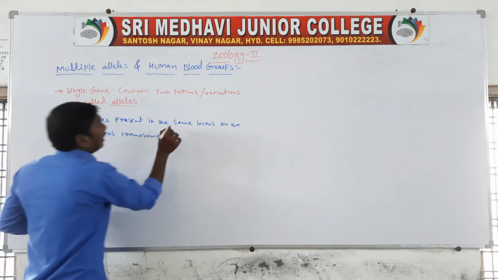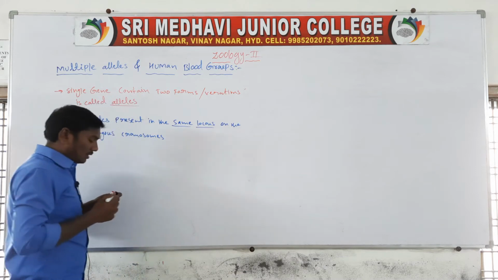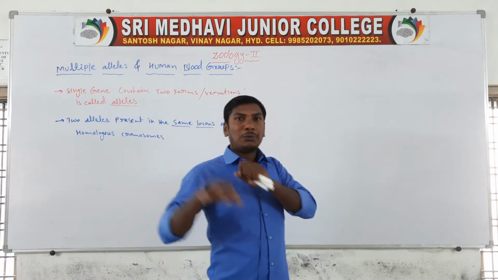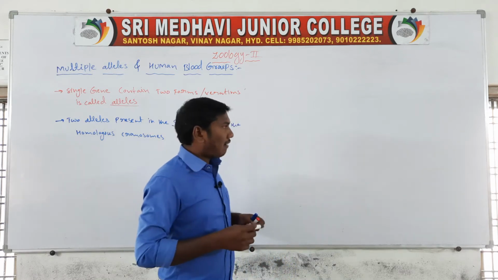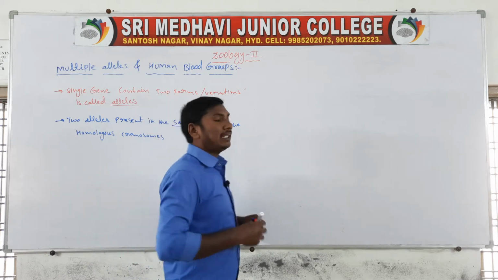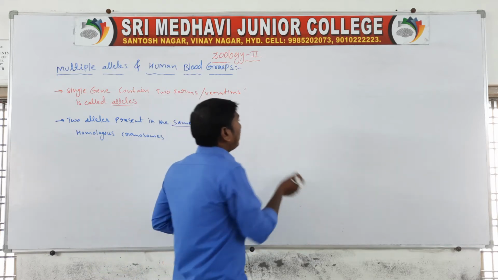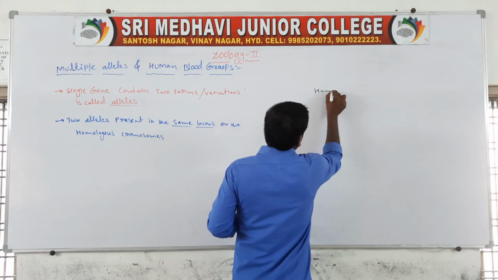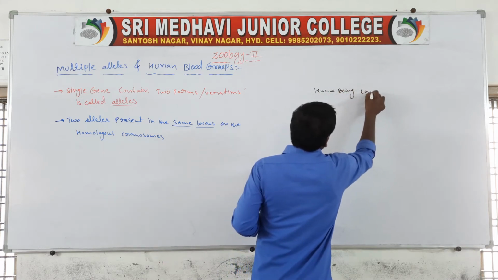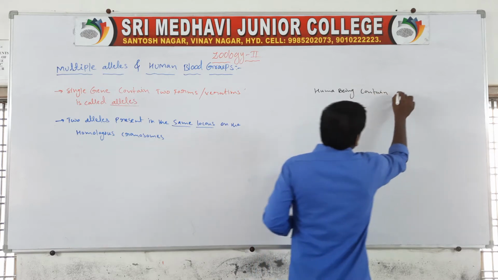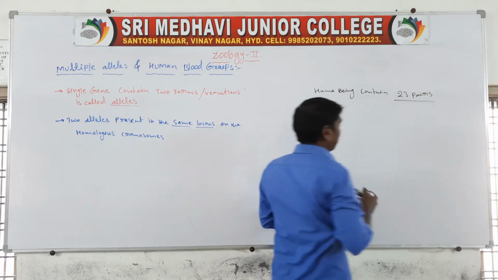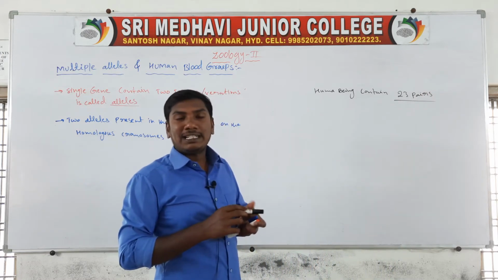First of all, what are chromosomes? Our body, the human being, contains 23 pairs of chromosomes.